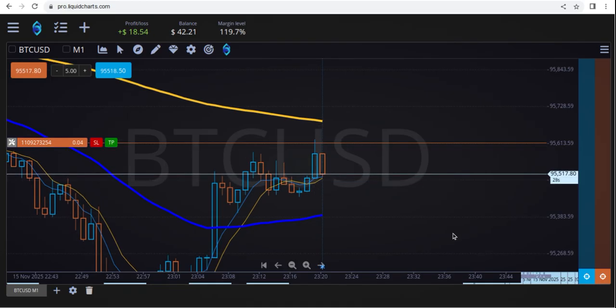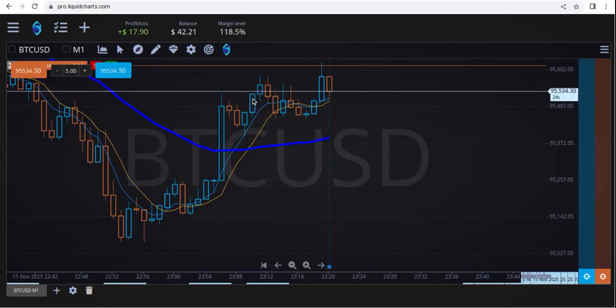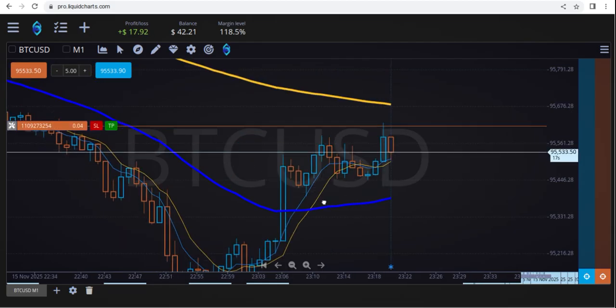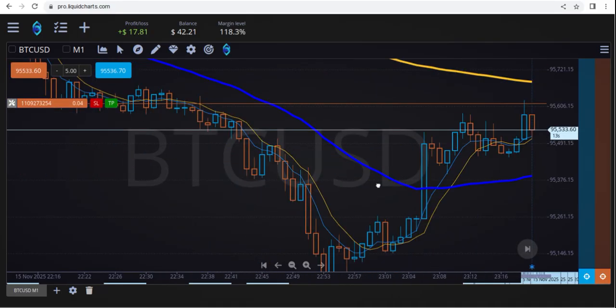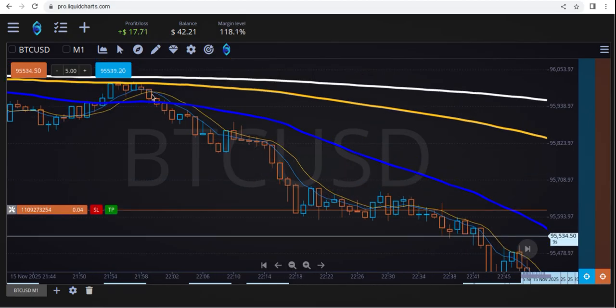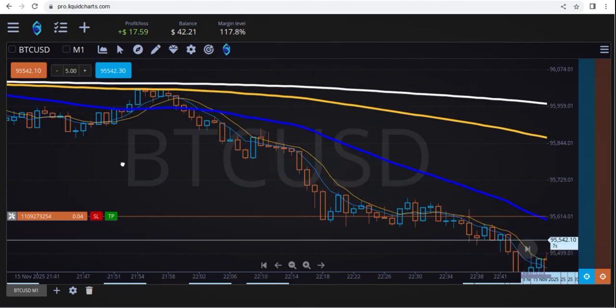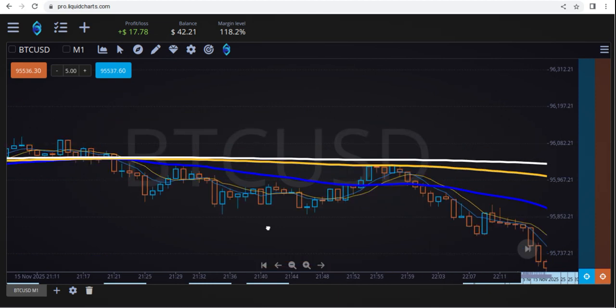So you can't say that it don't work, because you see it's responding every time the blue is over the orange, and under and over the orange. But if you get in these trades at certain times, you'll win more money than you'll lose. So you may lose a couple of dollars, but look, if you would have took this from here to here, then took this from here to here, going all the way down, and then you lost a couple of dollars here, right? But from here to here, you lost a couple of dollars, right?